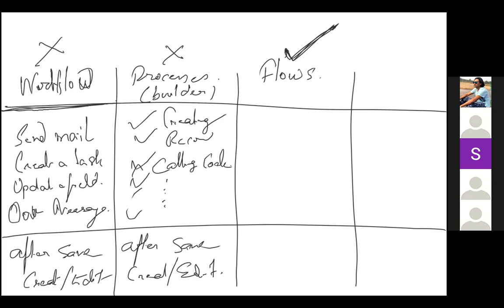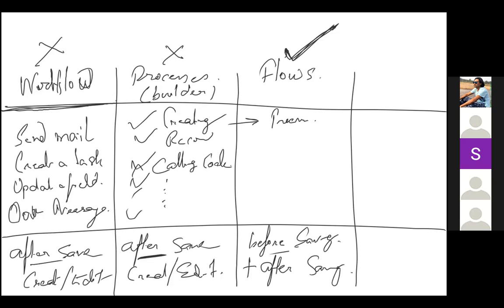In flows, you can do almost everything you can do with processes. And it can fire before save plus after save. Process builder is after save, but flow gives you both options, before and after save, right?